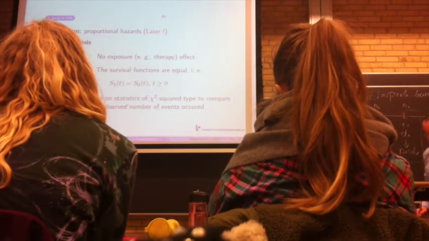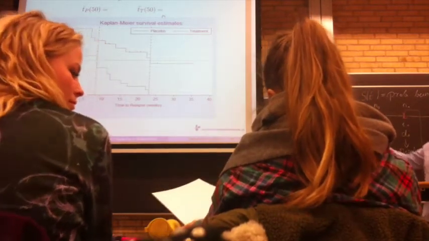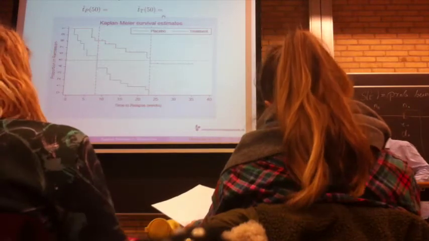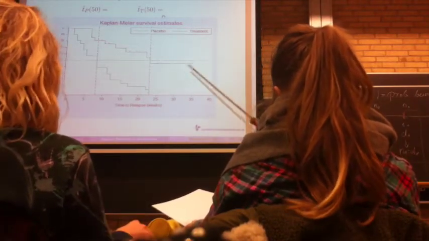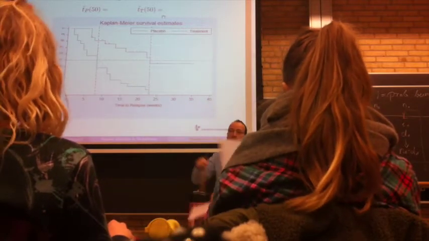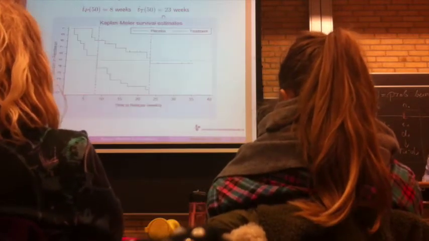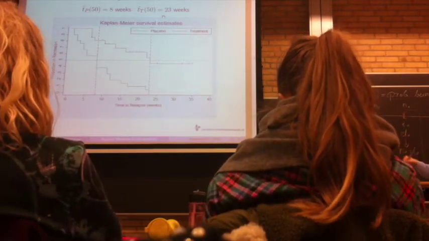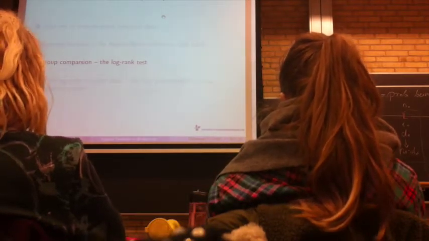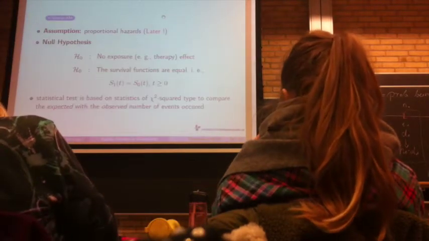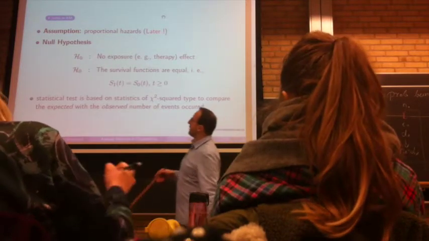So, as we have seen from the Kaplan-Meier estimator, patients from the placebo group differ from patients in the treatment group with respect to the event time experience. This is only a description, but there are tests to compare the time to event experiences between different groups. This can be done by the so-called log-rank test.